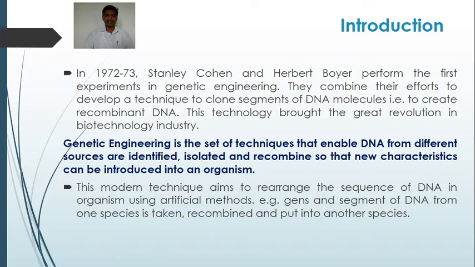Artificial methods are used for the rearrangement of the sequence of DNA in the organism. This is the way of modification or manipulation of the genetic makeup of an organism by using genetic engineering techniques.